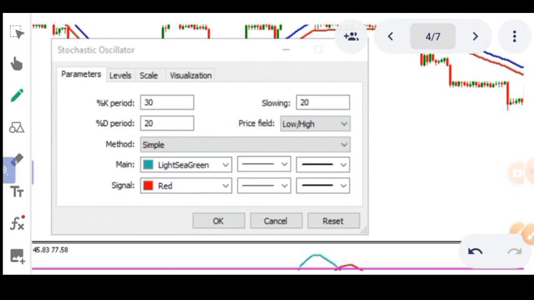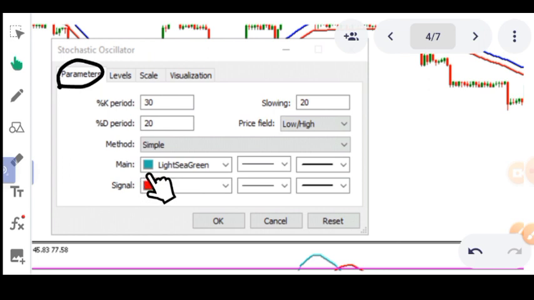Okay, this is the stochastic oscillator and we are looking at the parameters. For the parameters, we have the K period being 30, the D period being 20. The method is simple, and then the price feed is high and low. The slowing is 20.